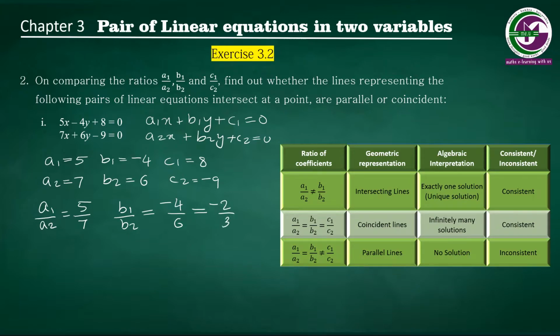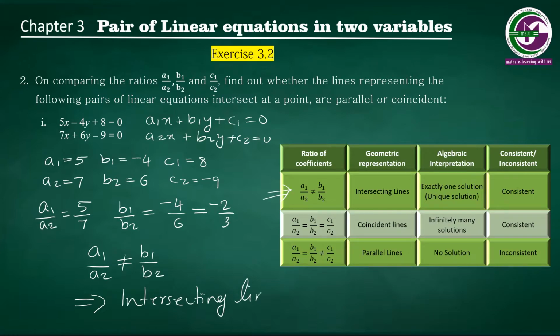So it is very clear that a1 by a2 and b1 by b2 are not equal, so no need to check for c1 by c2. a1 by a2 not equal to b1 by b2 implies the first condition in the table. The lines are intersecting. Intersecting lines means they intersect at a point.